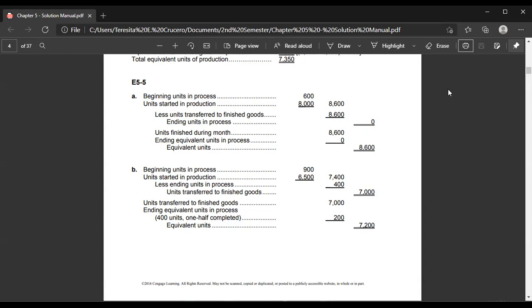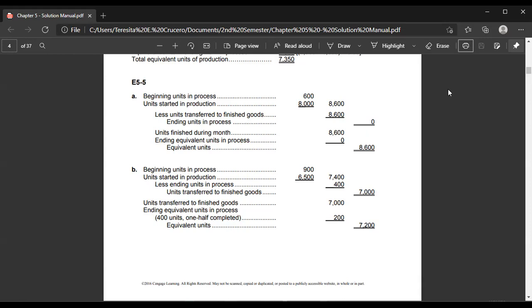So you have no ending units and here it's zero. So the equivalent units now is units completed during the month is 100% and you have no ending inventory. So the equivalent units is 8,600. So the answers to letter A, ending units in process, 0, equivalent units, 8,600.